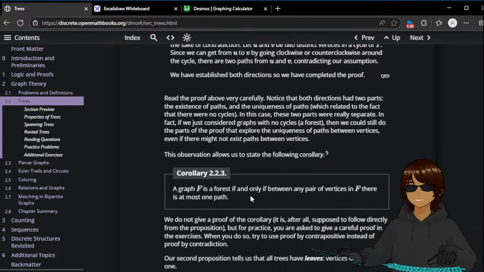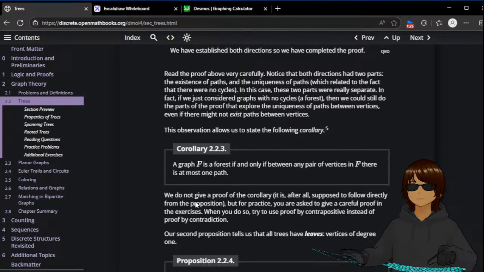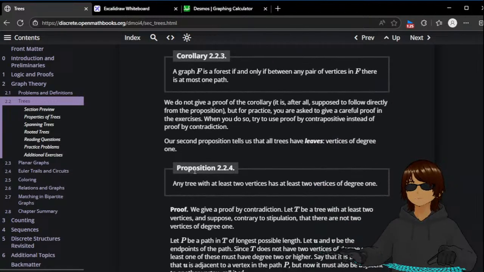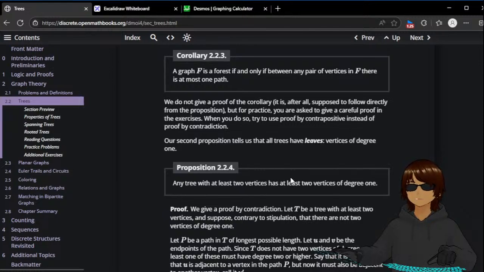A graph F is a forest if and only if for any pair of vertices in F there is at most one path. So there may be zero paths or one path, but not more than one. Any tree with at least two vertices has at least two vertices of degree 1.